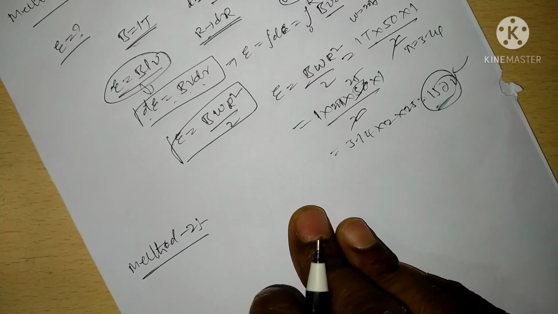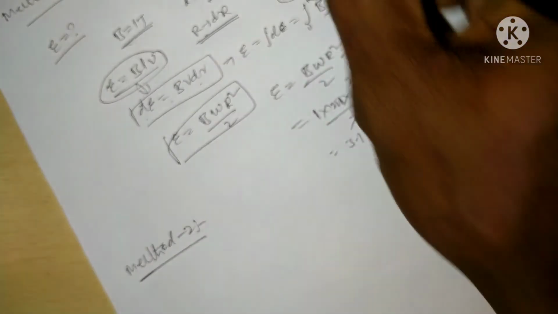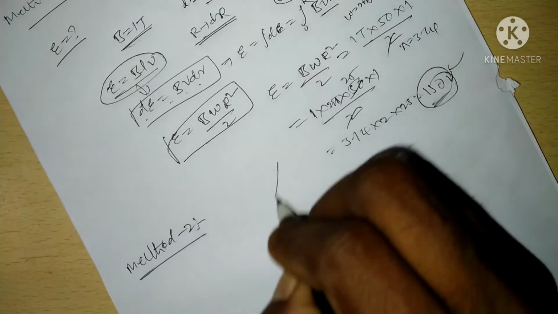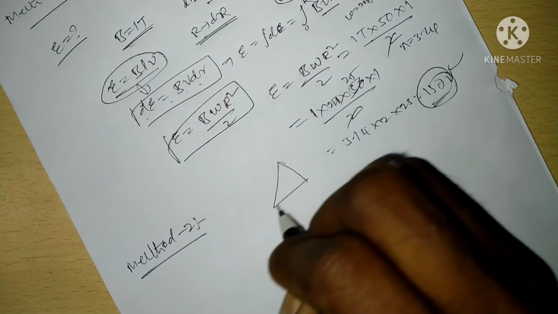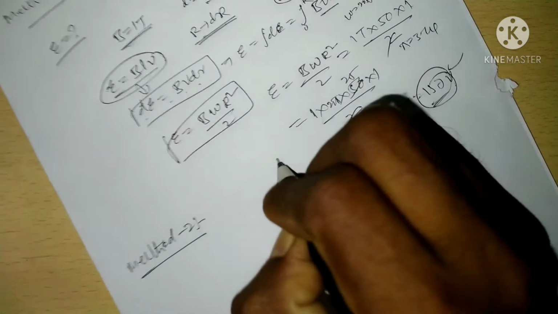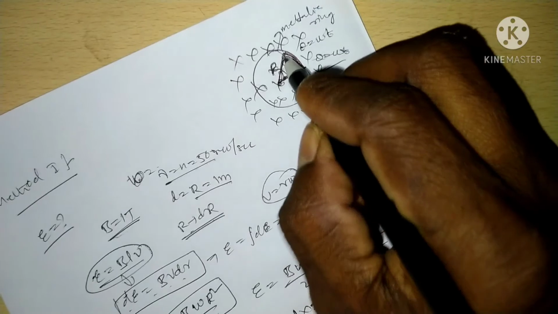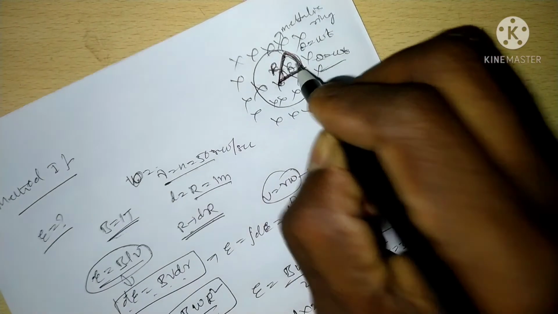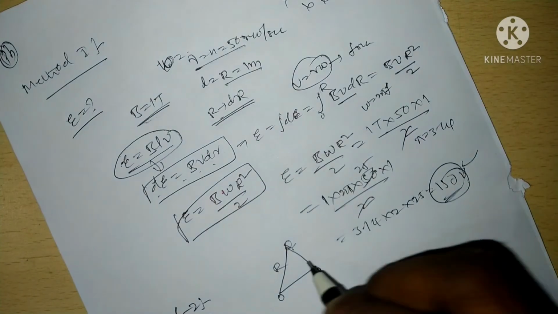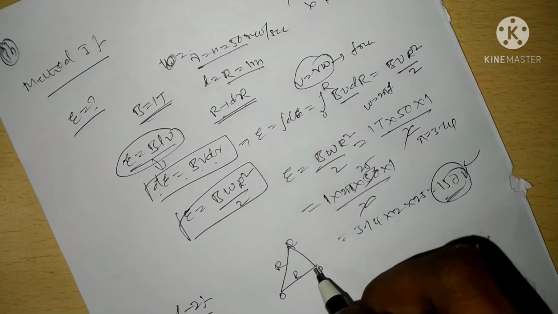To calculate the induced EMF, we can imagine a closed loop OPQ. This is a circle OPQ, with radius R.